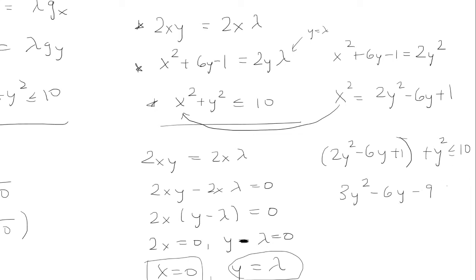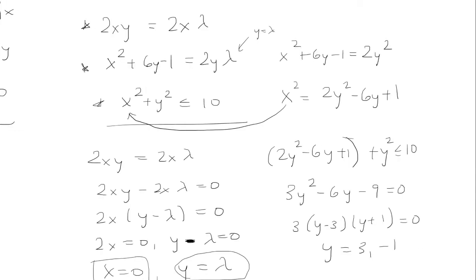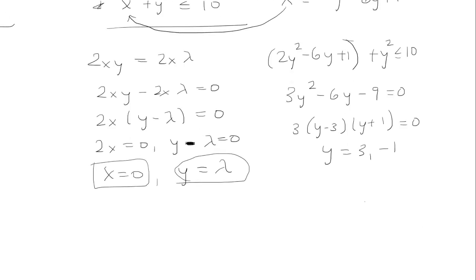And instead of setting it less than or equal to, we'll just set it equal to 0. So factor out a 3. And actually, we'll skip a step and say, okay, this factors into y minus 3 times y plus 1. Okay, so we get y equals 3 and negative 1. So what's left is we want to plug it into the constraint equation.